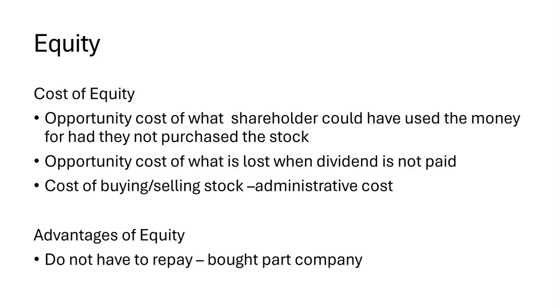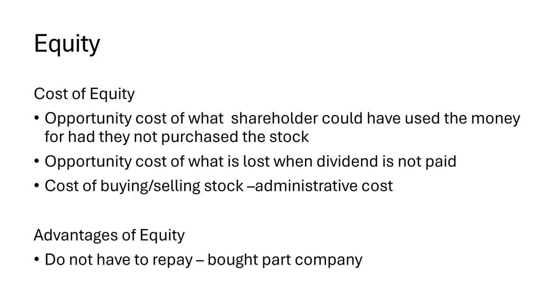Now, what is the cost of selling stock? Well, from the buyer's perspective, from the shareholder's perspective, if they're buying stock, what is the opportunity cost of the money they use to buy the stock? All right.